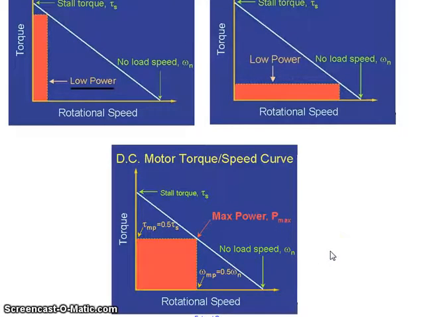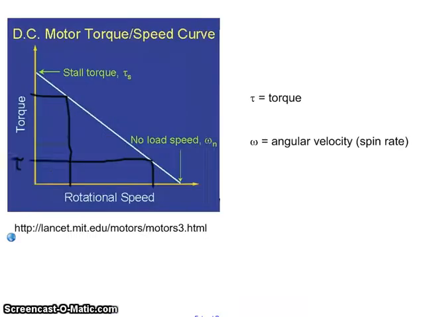One last point to make about this, and maybe I'll go back to this picture here for a second. We showed that if the torque increased, the rotational speed would decrease. So here's yet one more look at that. You can get to a point right here where the torque would be so great that the motor couldn't spin at all, and we call that the stall torque.